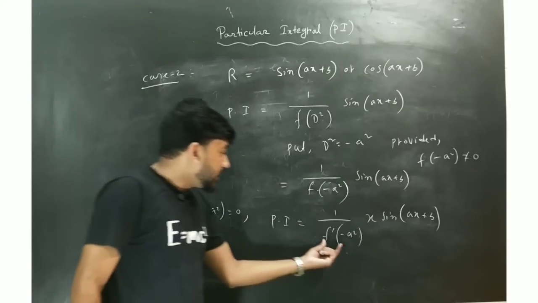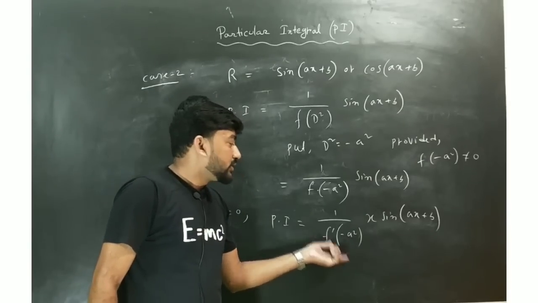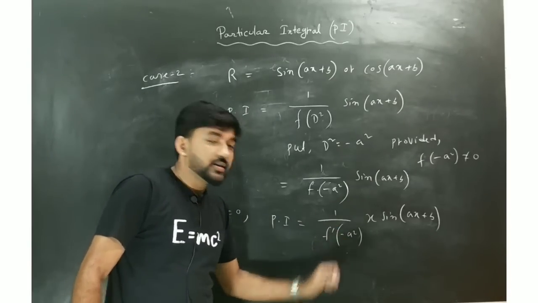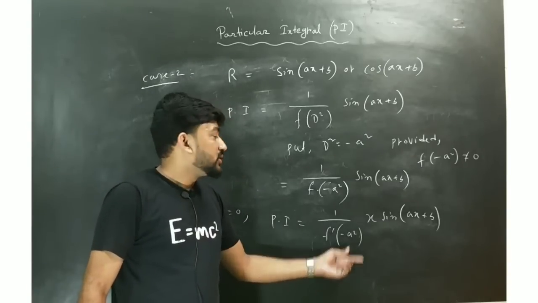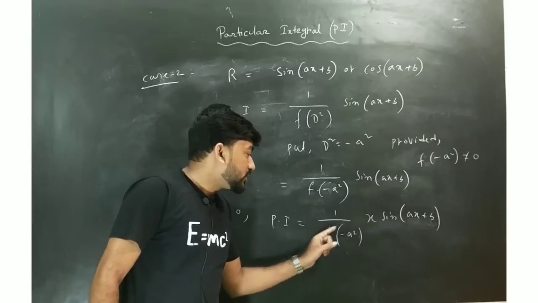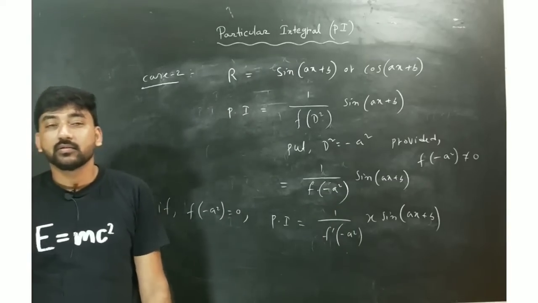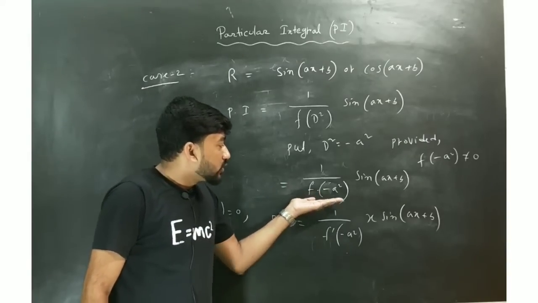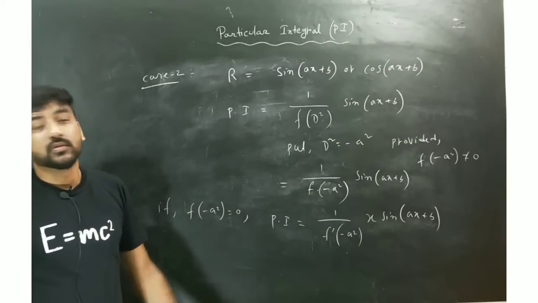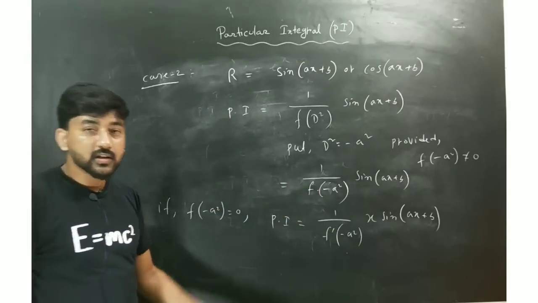If you again get f dash of minus a square equal to 0, then your next step will be x square upon f double dash of minus a square. Then if f double dash of minus a square is 0, you write x square over f triple dash of minus a square. So you have to move on until you get a non-zero value of the denominator. So you have to check in each and every case.